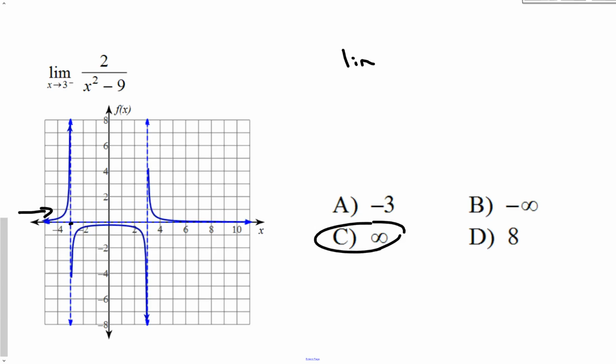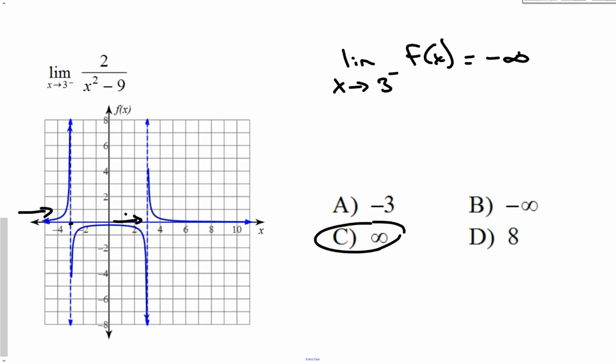The limit as x approaches +3 from the left of my function is equal to, well, we want to go to the left of 3. As we approach there, the graph goes straight down, so that would be negative infinity.